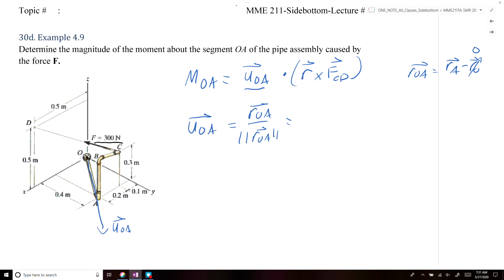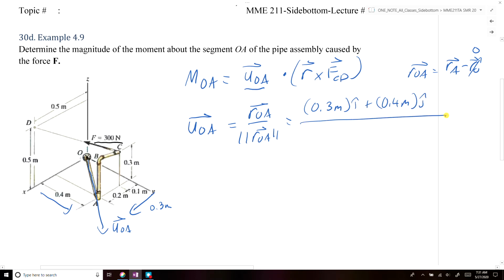And then if we look at the coordinates of R_A, it's going to have 0.3 meters along the x-axis, and 0.4 meters along the y-axis.